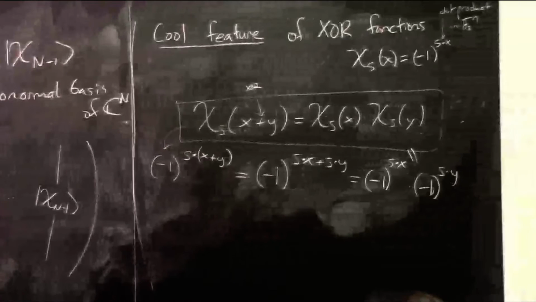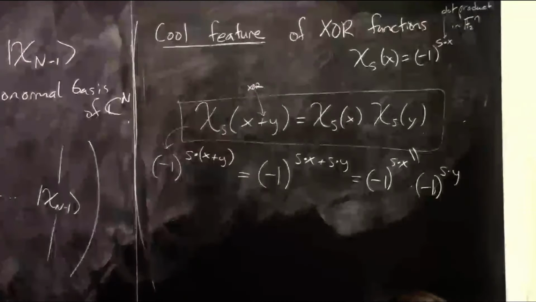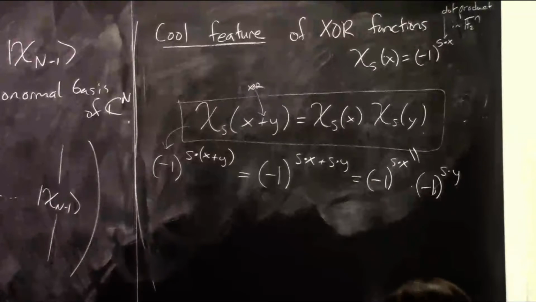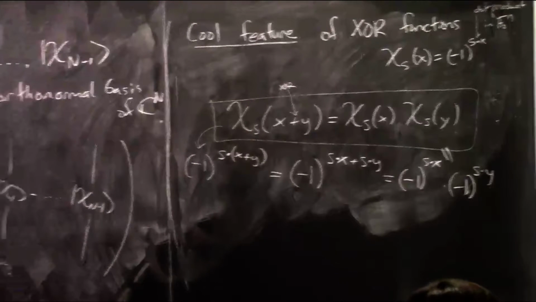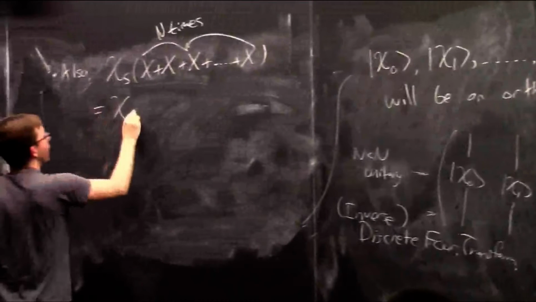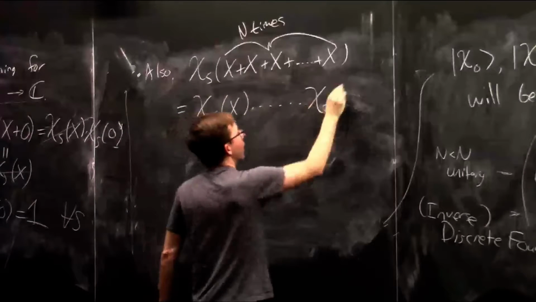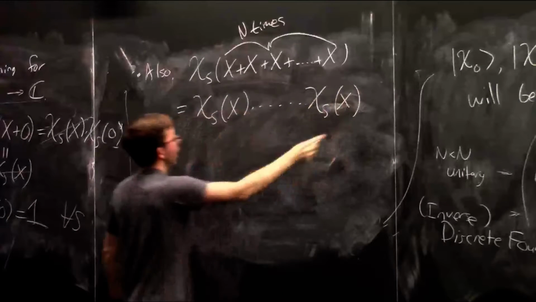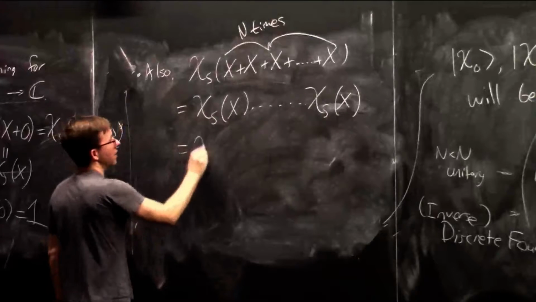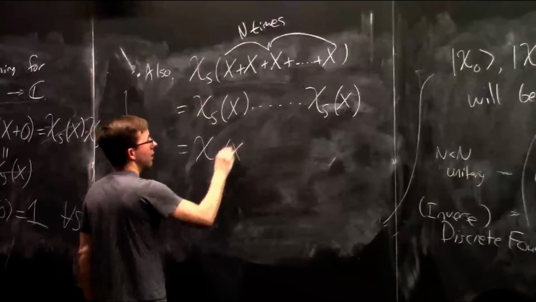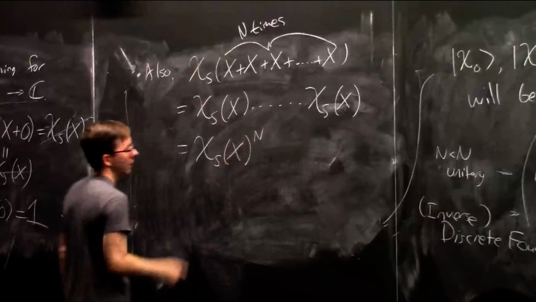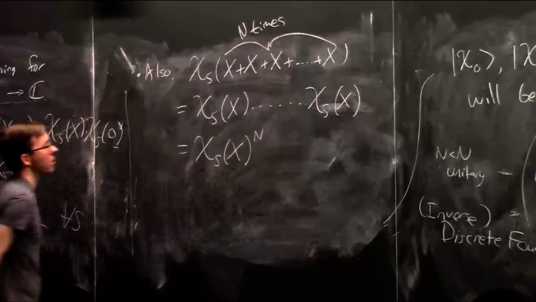So I'm going to do that actually capital N times. Then you get chi s x times chi s x, also n times, also known as chi s x to the power of n. This is just like a regular old number now.